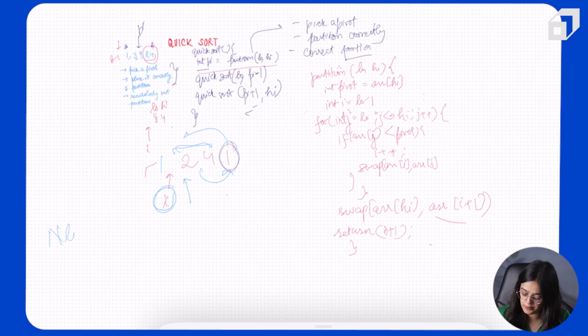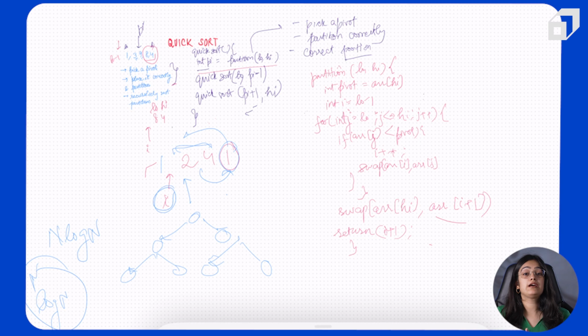So talking about the time complexity of the algorithm, just as merge sort, this also has an average time complexity of n log n. Since we're dividing into two arrays at every step, and then for sorting all the partitions, the max it can take is O of n. So on average, it comes out to be log n into n.